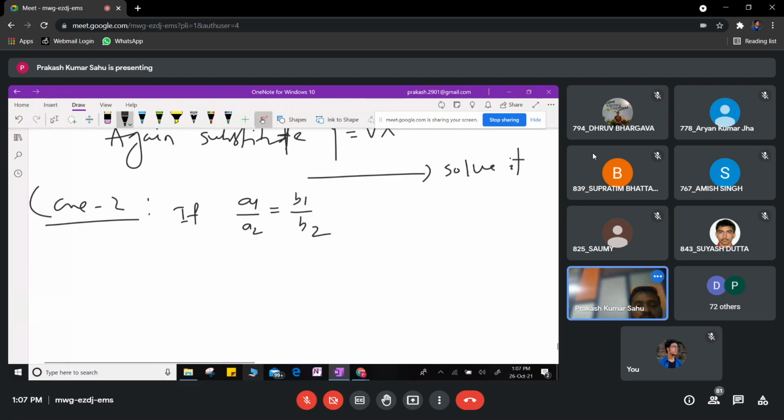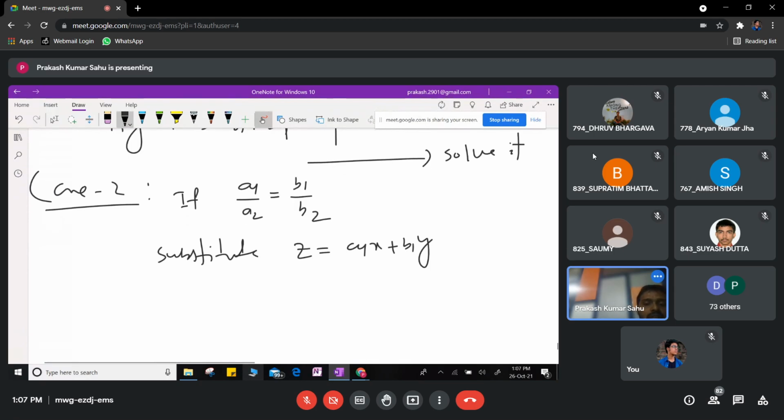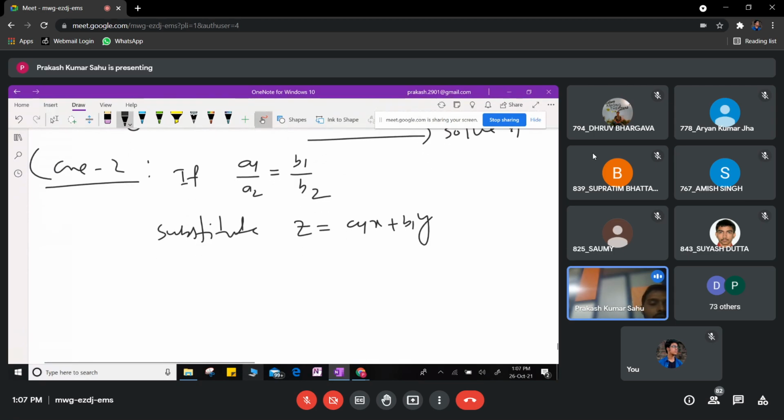In that case you directly substitute z is equal to a1x plus b1y. If you substitute like this, then what do you get? Your dy by dx is equal to a1x plus b1y plus c1 divided by a2x plus b2y plus c2.